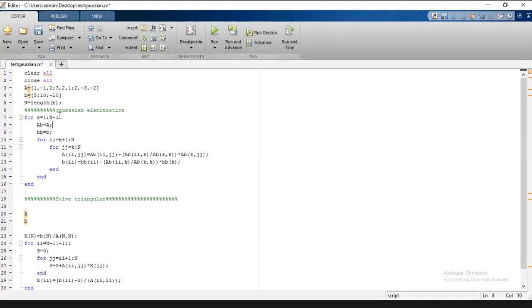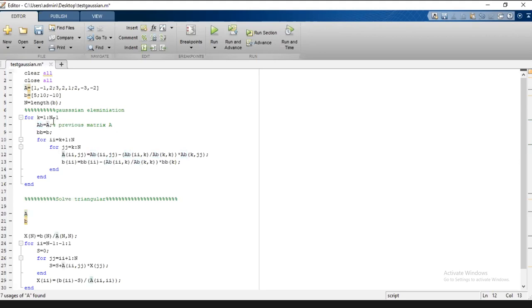So AB is the previous matrix A, because as we are using the formula, we are modifying the matrix. If you use the same A here, you will get an error in your program, and your matrix will not be triangular. So what I called AB here is the matrix A at step k minus 1, and this is the new element for A.